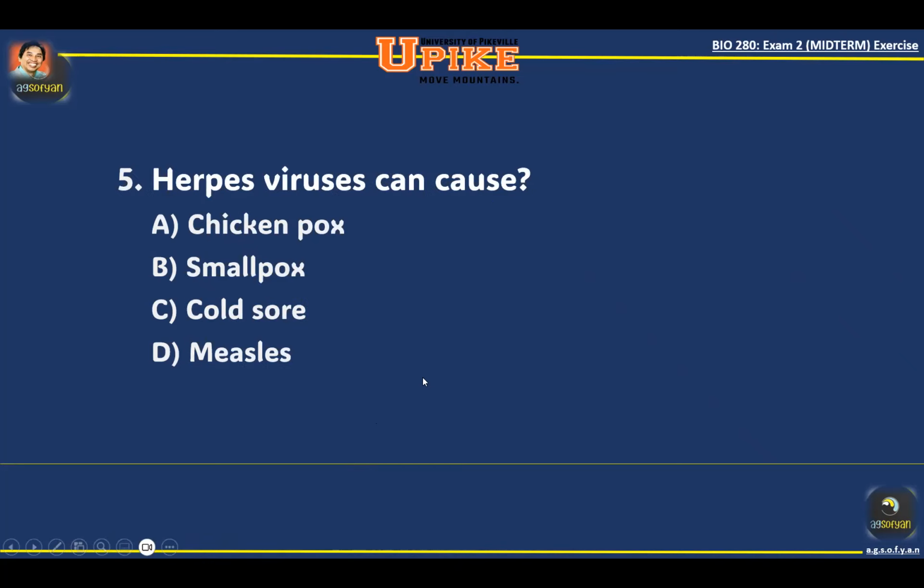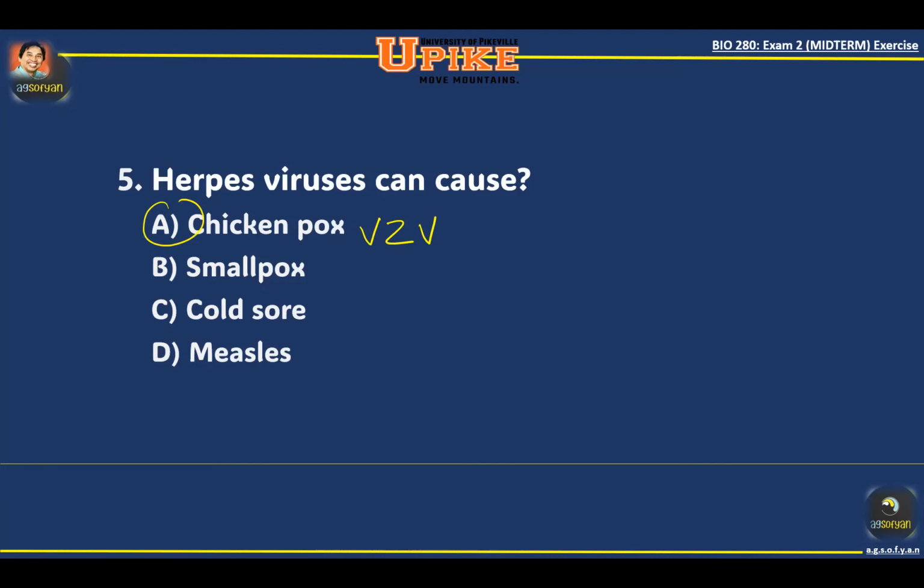Herpes. Herpes viruses can cause chickenpox, smallpox, cold sores, or measles. There are actually 8 herpes viruses. One of them causes chickenpox, which is VZV. Smallpox is not caused by the herpes viruses.